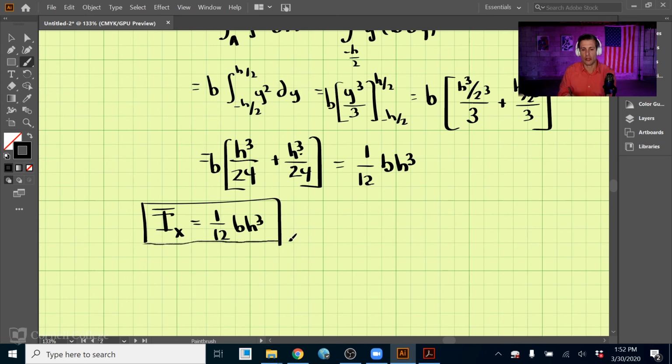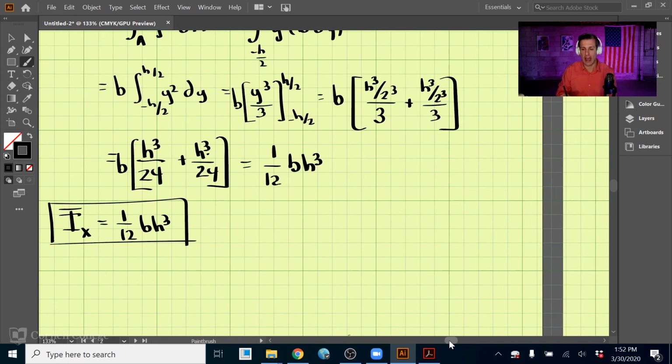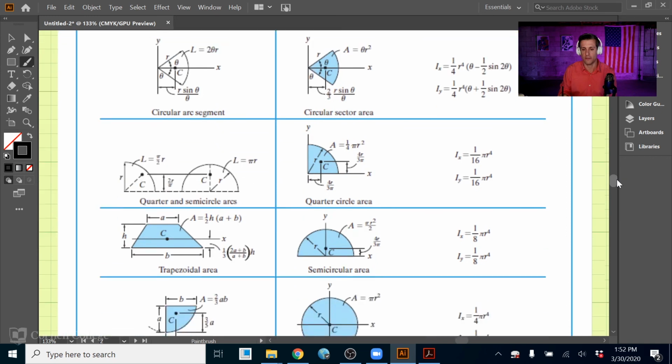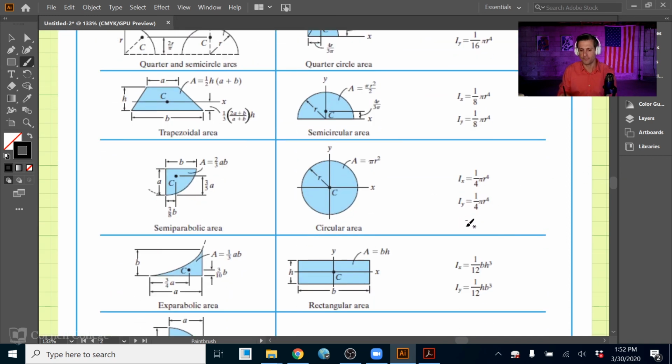Now, this would be a real pain if we had to calculate this using differential equations every time we wanted a moment of inertia. Okay. With that being said, the back of the book has the moment of inertia for some common shapes, and I've listed these here. And as you see, things like circles, semicircles.